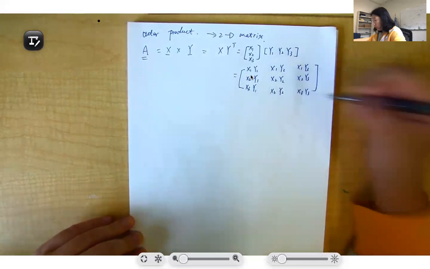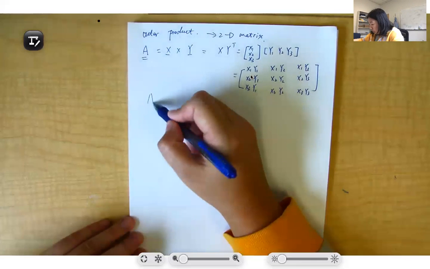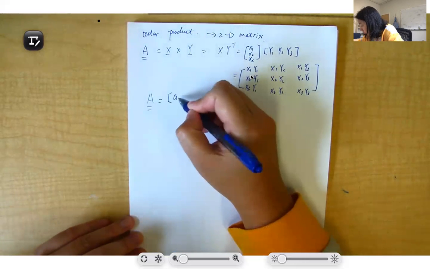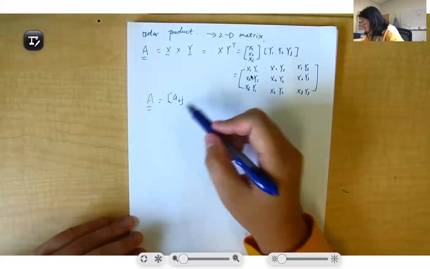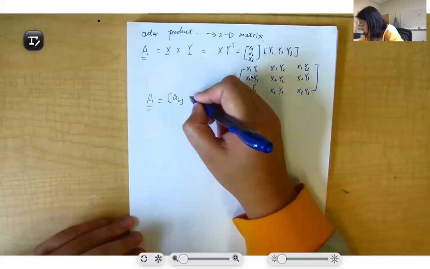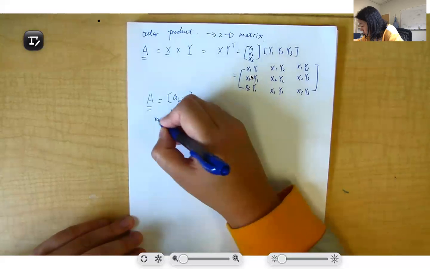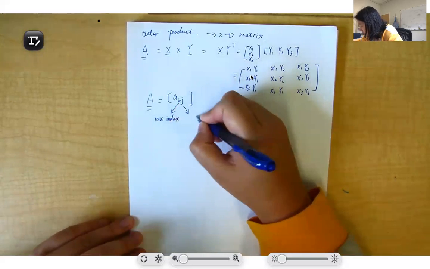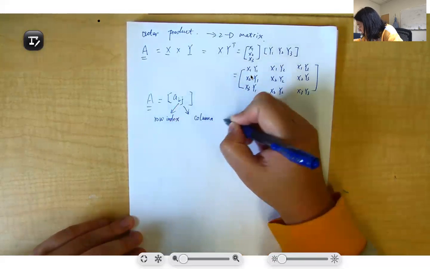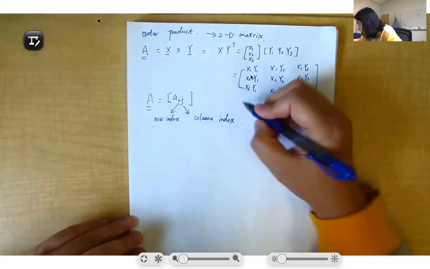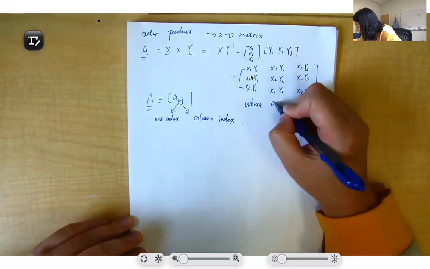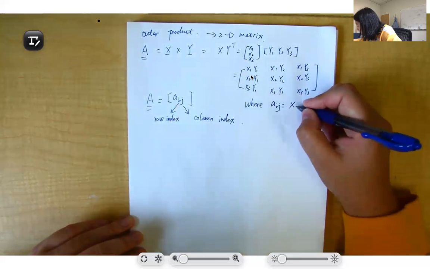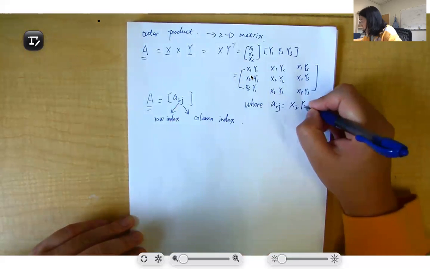So this is a 2D matrix in which the components are these 9 values Aij, where i is the row index and j is the column index, where Aij equals xi yj.